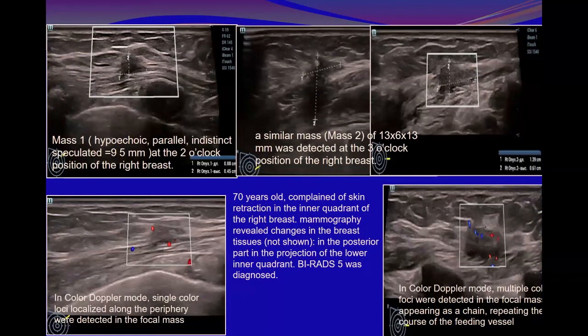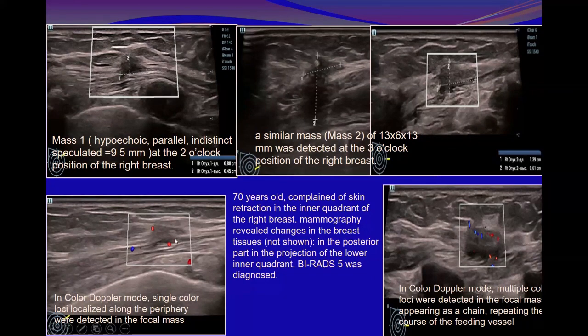Here is another example: two lesions in the same patient, one small and one large, lesion 1 and lesion 2. Both are morphologically suspicious. Using Doppler, this one is even more suspicious than the other. Why?